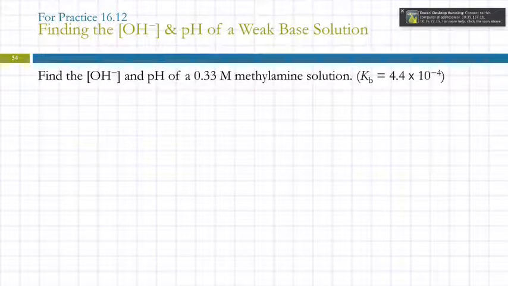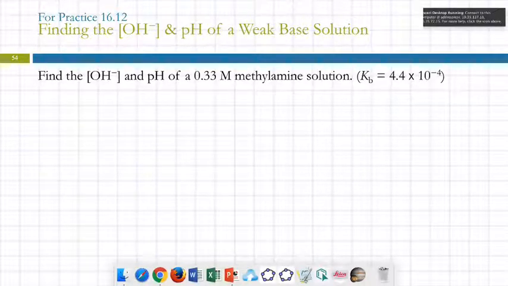So let's do it for a weak base. So here we have 0.33 molar methylamine solution. So how do you know that's a base? Well, if it has amine in the name, that's a big clue.